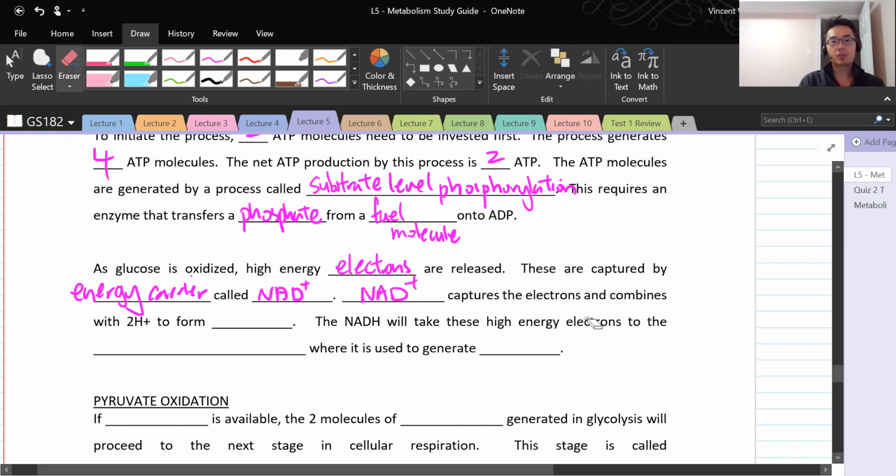NAD+ captures the electrons and combines with 2 hydrogen ions to form NADH. The NADH will take these high energy electrons to the electron transport chain, where it is used to generate ATP.